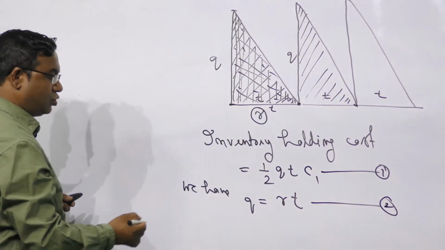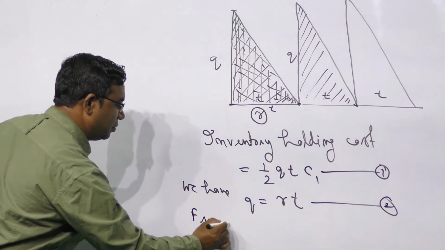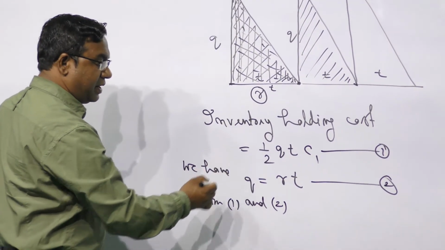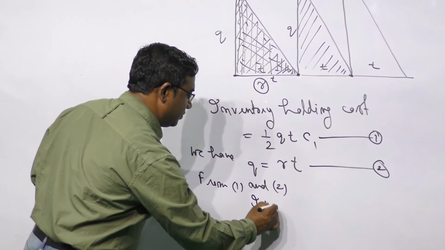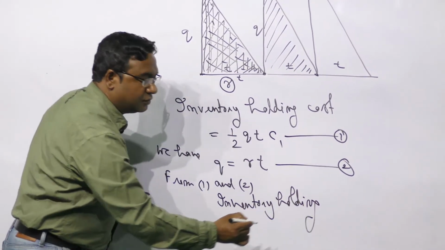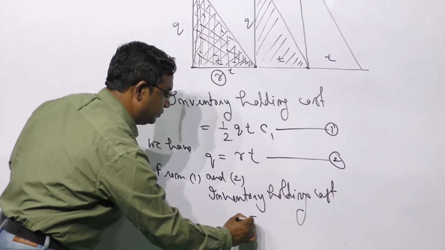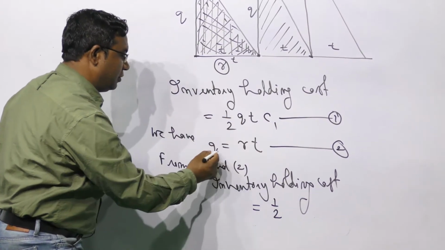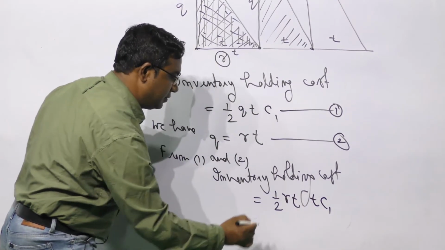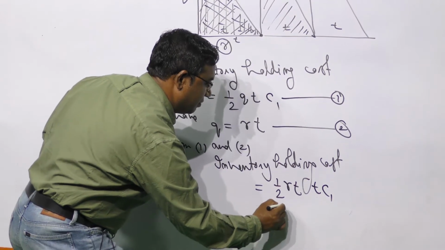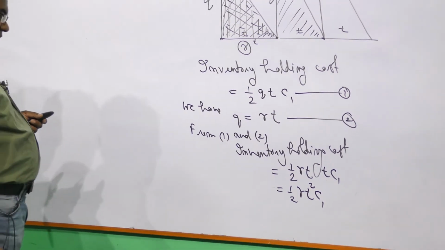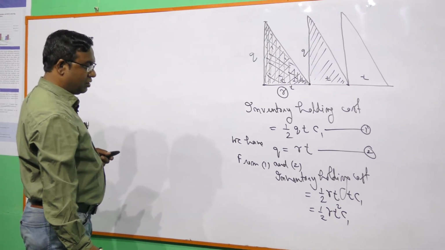So from 1 and 2, we have the inventory holding cost equal to half Q, putting the value of Q here, RT, then T into C1, equal to half R T square C1. This is the inventory holding cost.